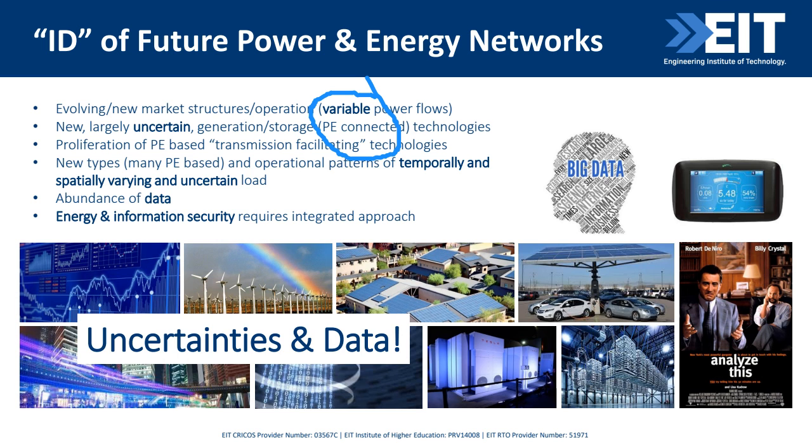Then you find huge amount of power-electronic-based transmission facility technologies. I did use the words VSC, MMC, LCC, all these new types of HVDC devices coming into the system. Then you're also going to see both temporally and spatially varying and uncertain load.